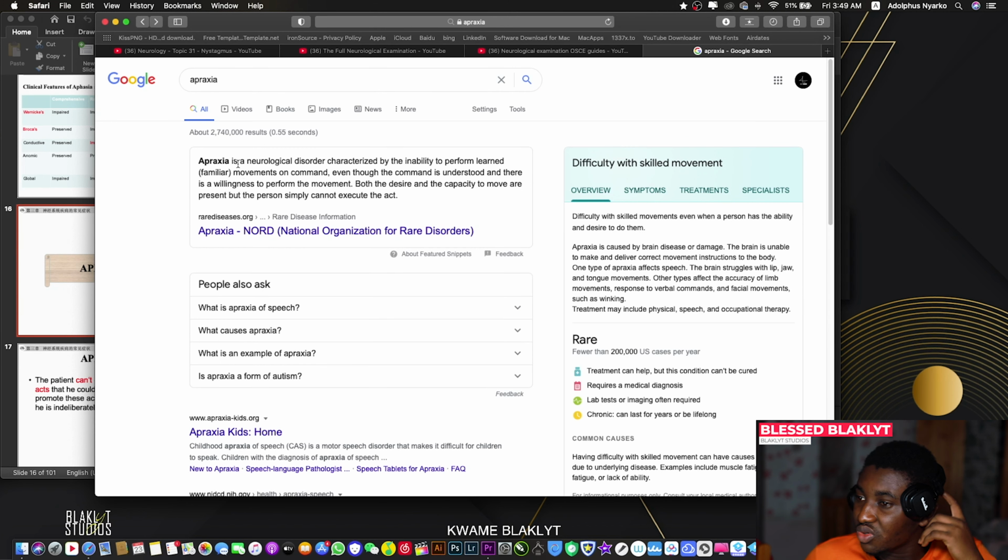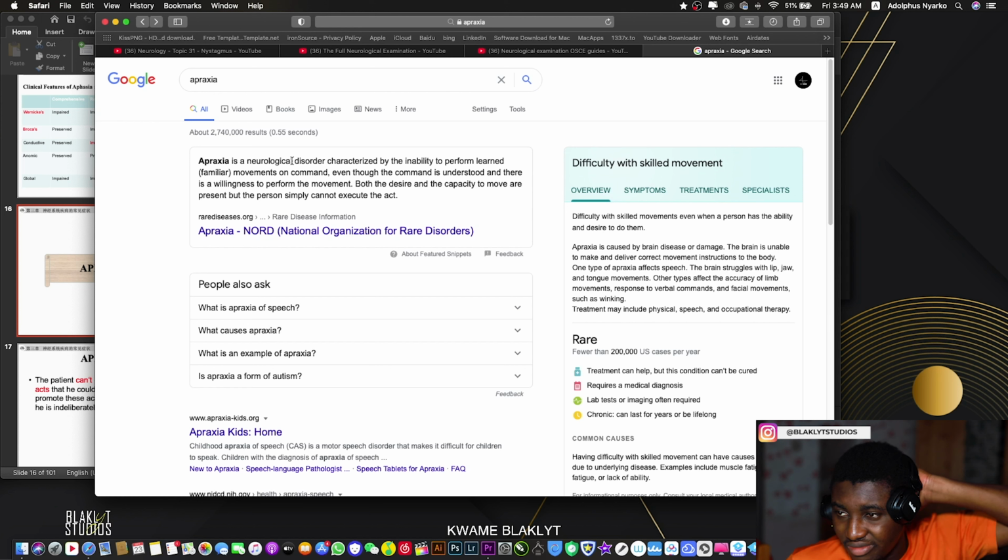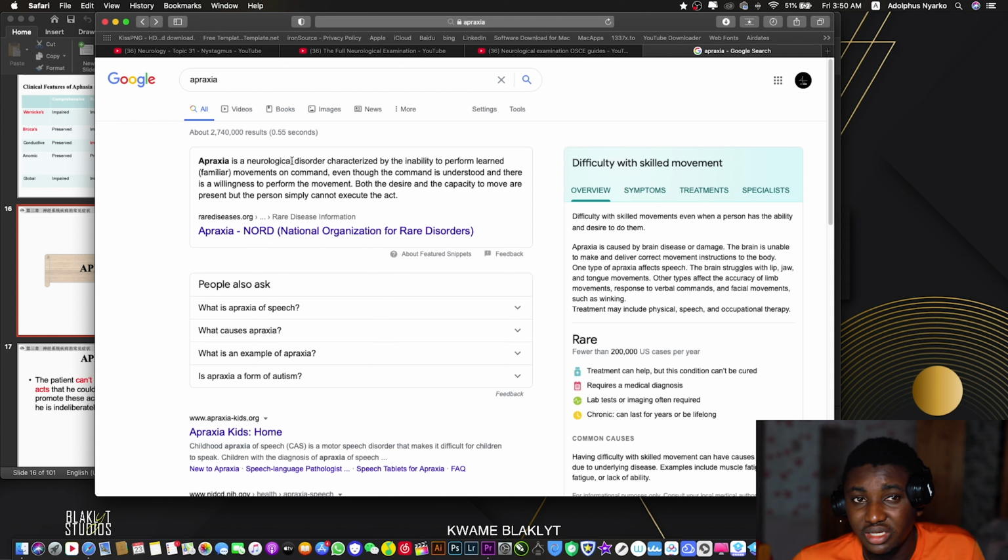A neurological disorder characterized by the inability to perform learned familiar movements on command, even though the command is understood and there is a willingness to perform the movement. Both the desire and the capacity to move are present, but the person simply cannot execute the act. So I understand, but I just can't execute.